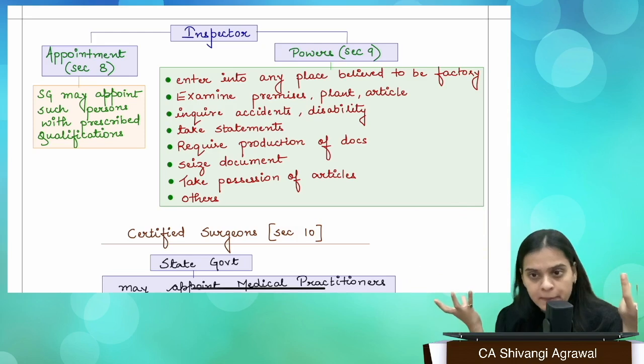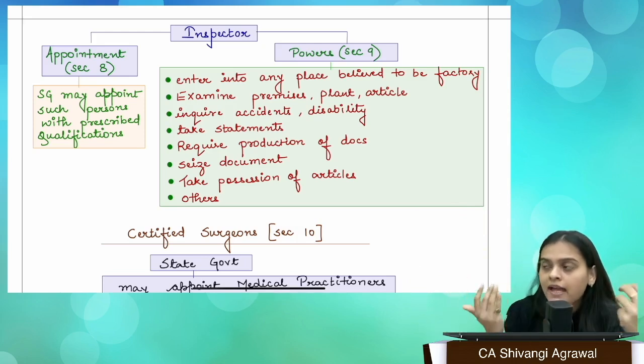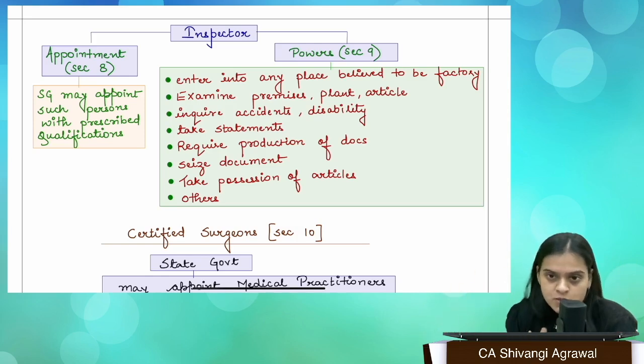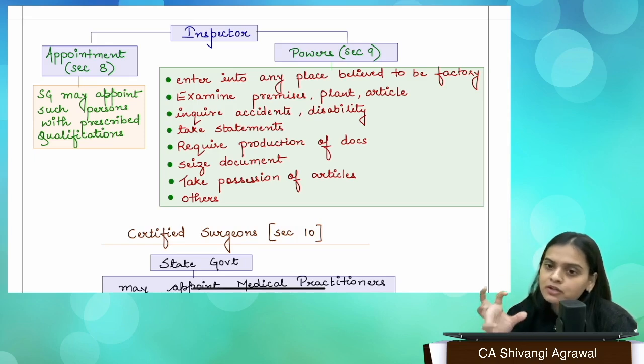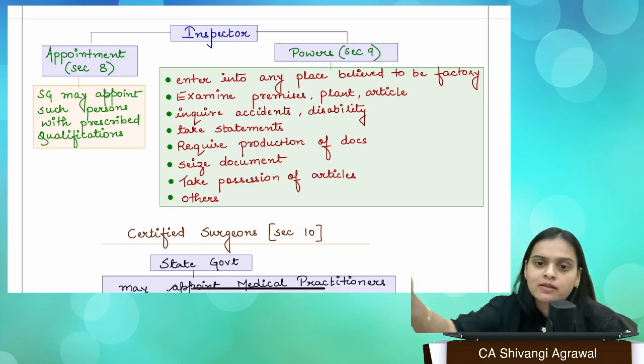So that is a factory, but it has not been reported anywhere that I have opened a factory, or they're not following any laws. Now if I am the inspector and I suspect that particular place to be used as a factory, I have the power under section 9 to enter into that place.